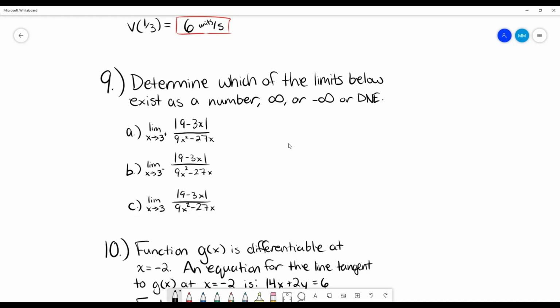So what we're going to do is from the right side, we know that we're going to be looking at values larger than 3, so let's plug in a value just to test this out. Let's say I plug in 4. That's going to be a negative 12 there, so it's going to be 9 minus 12 equals negative 3, absolute value of 3.